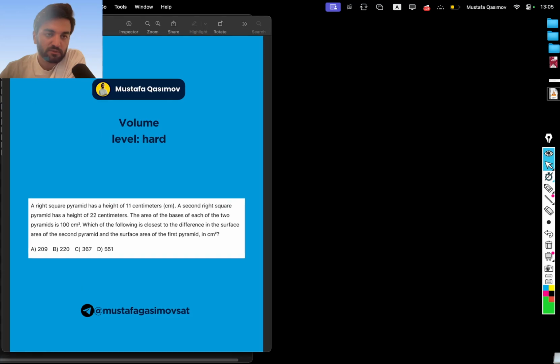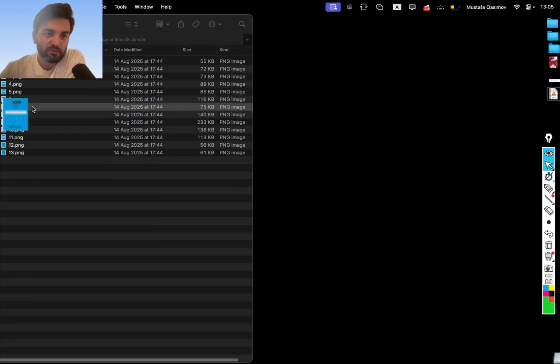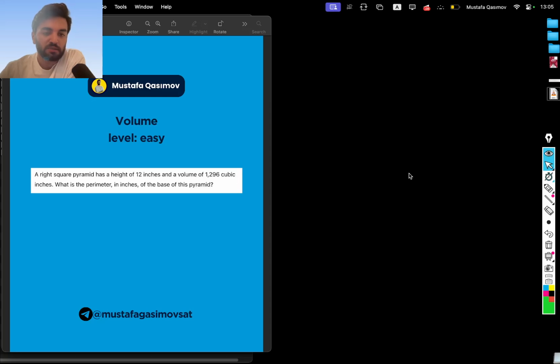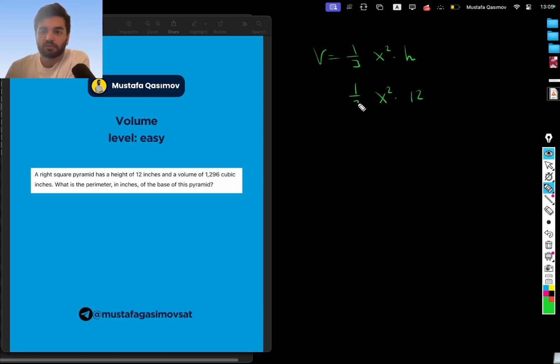I think we look at this one. Okay, let's look at 7. A right square pyramid has a height of 12 and volume of 1296. What's the perimeter of its base? We know that volume is equal to 1 over 3 multiplied by x squared multiplied by h. Height is equal to 12, x squared 1 over 3, and volume is that one.